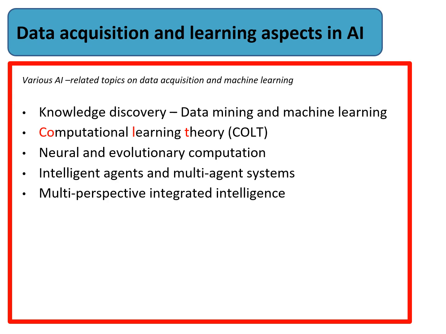Evolutionary computation is optimization based on natural evolution. Intelligent agent is an autonomous system that can perceive and act. Multi-agent system is different types of agents working together. Multi-perspective integrated intelligence combines several AI techniques to achieve better intelligence and better decision making.